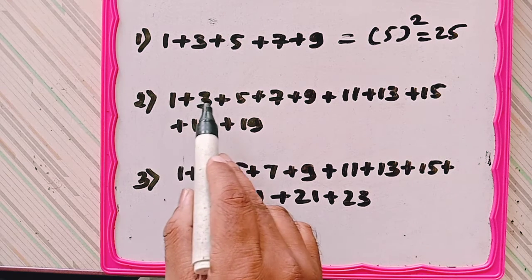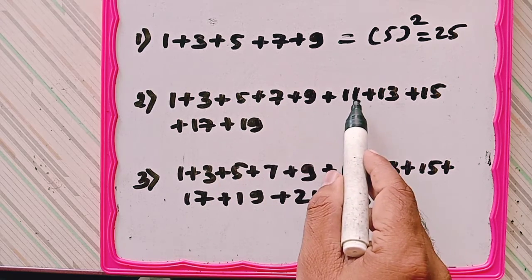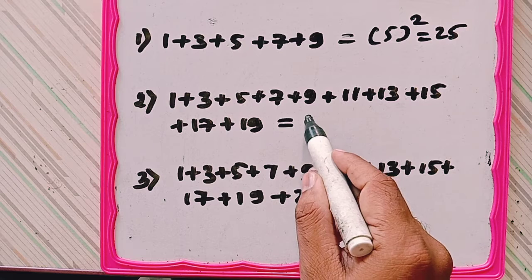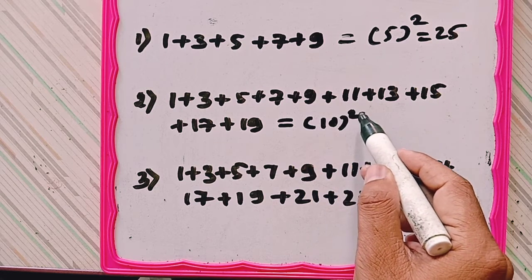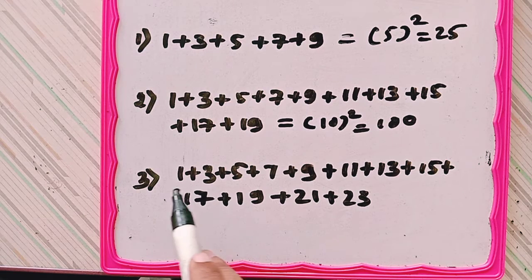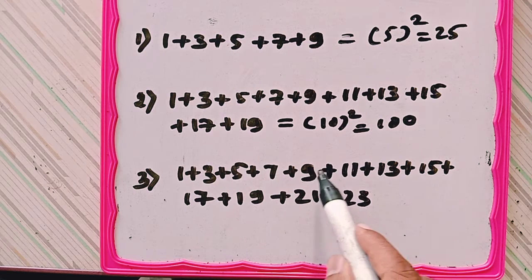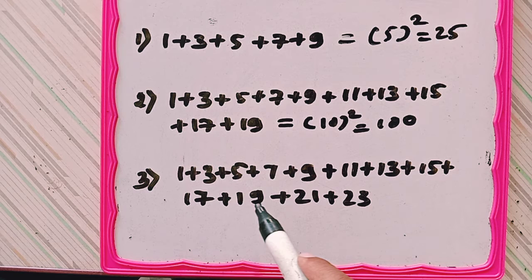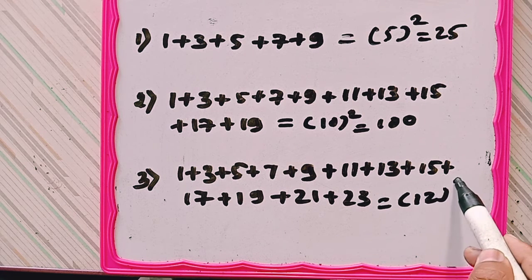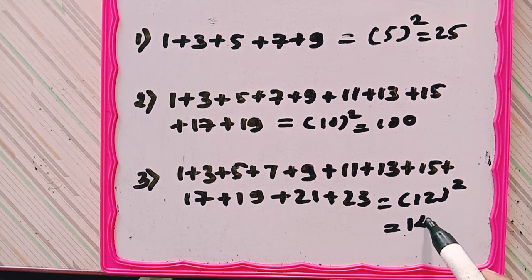Here 1 2 3 4 5 6 7 8 9 10, 10 odd numbers are added, so its answer will be 10 square, so 100. Here 1 2 3 4 5 6 7 8 9 10 11 12, 12 numbers are added, so 12 square, it is 144.